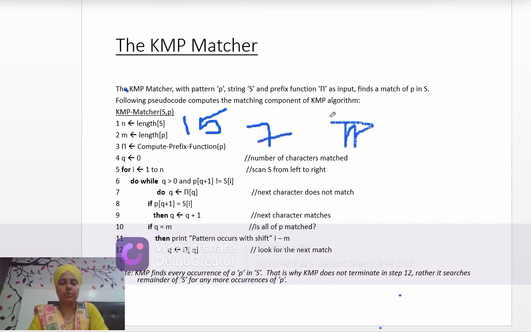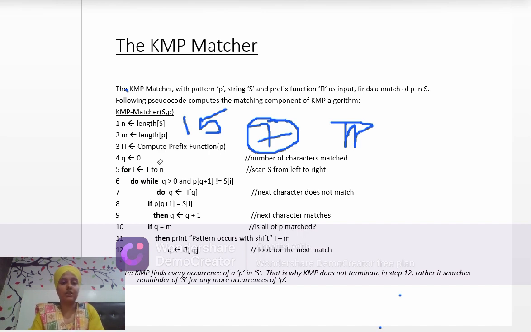Then we compute the prefix function for all the values in the pattern. We create a table for that. Then we set the number of characters that we are matching. We start from 0 because initially we are not matching anything. So the pattern starts from the 0th position.